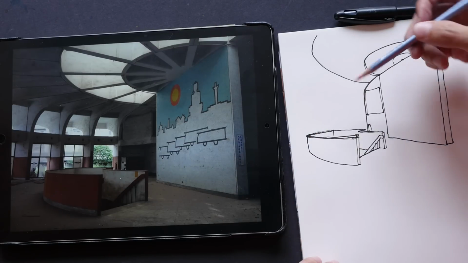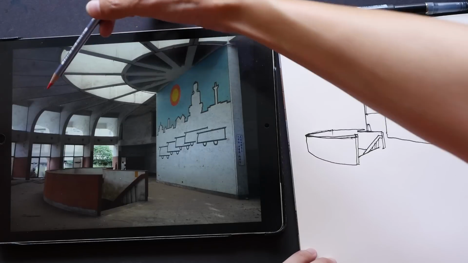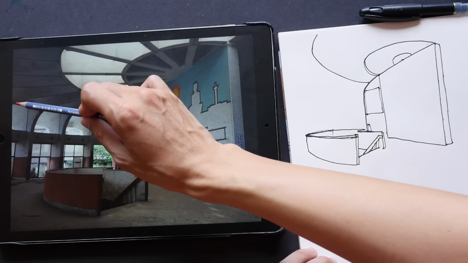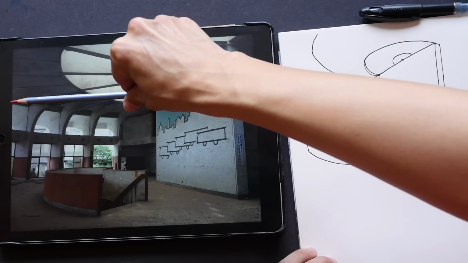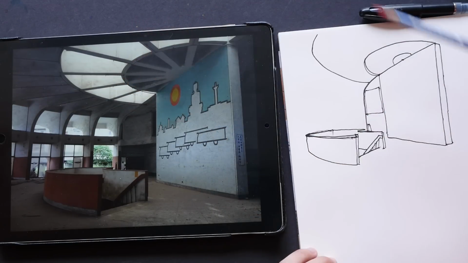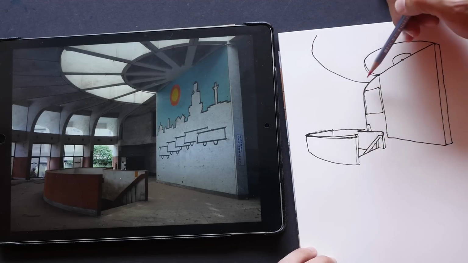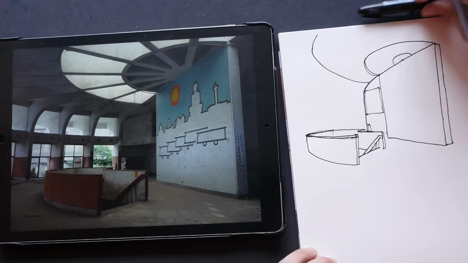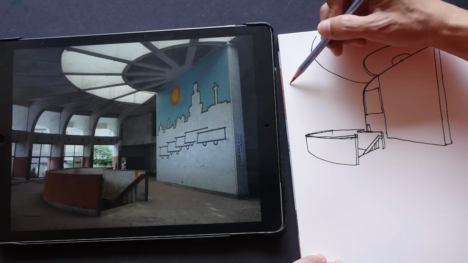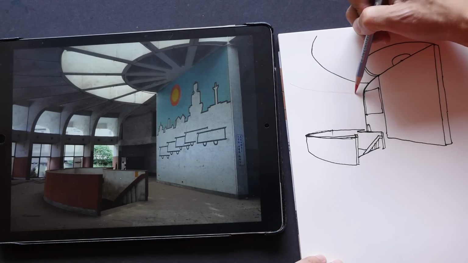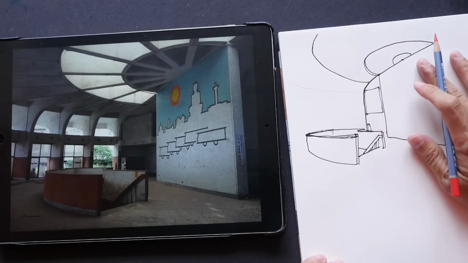Now I will use my red pencil for drafting purposes. I'm going to draw this. The top of this point here is around, I would say, the bottom of this. So I think the top is at the bottom, so it would be something like this. Something like that.